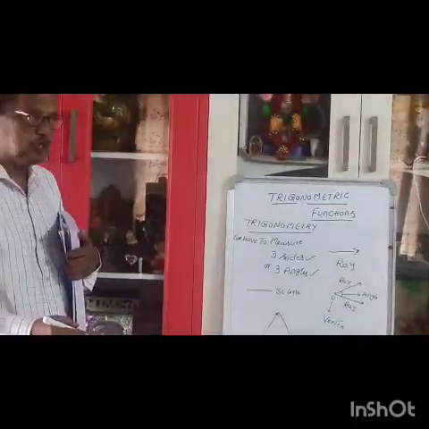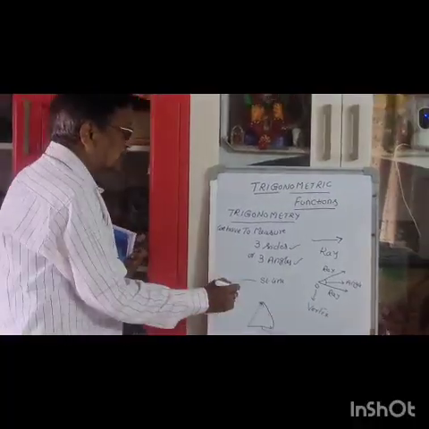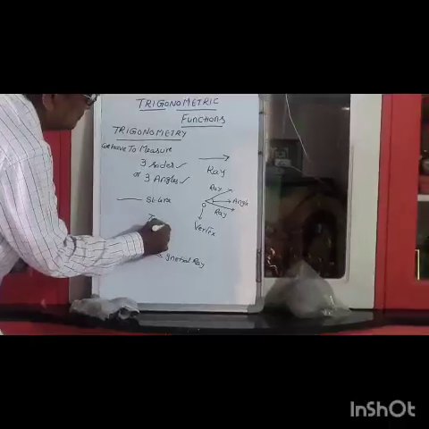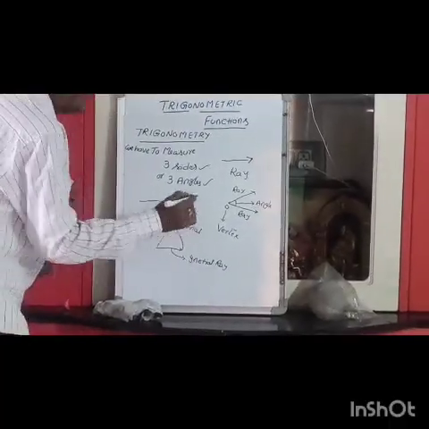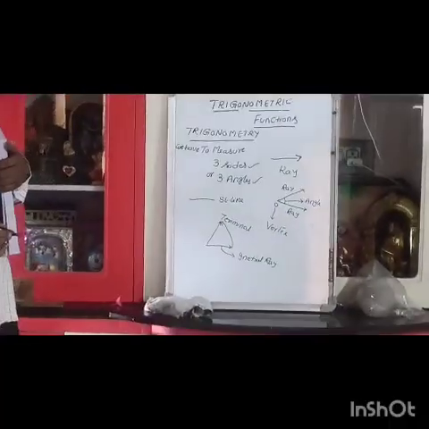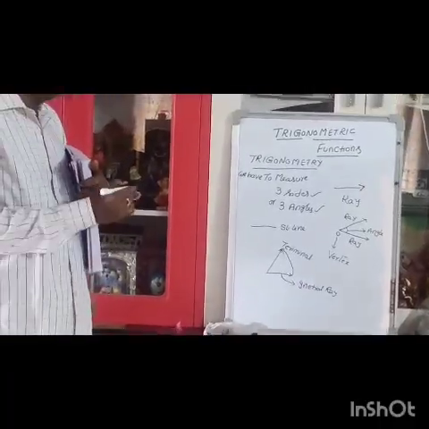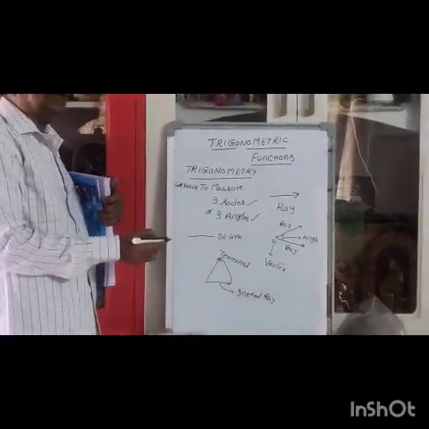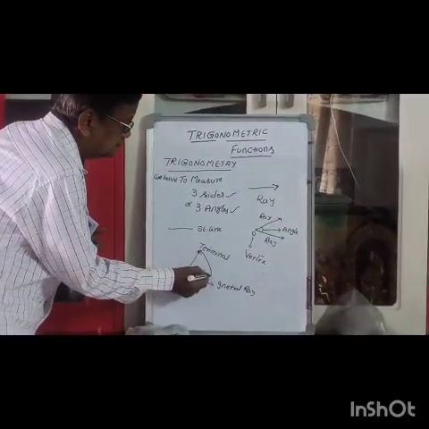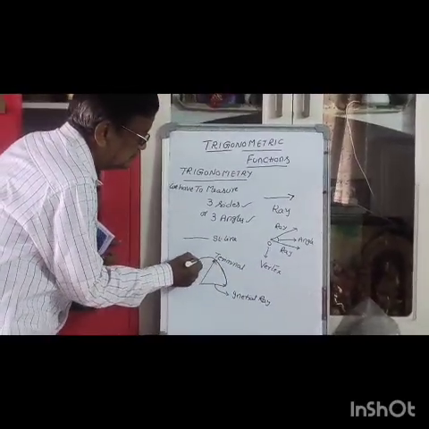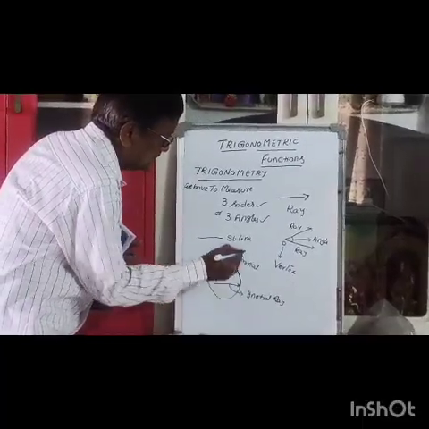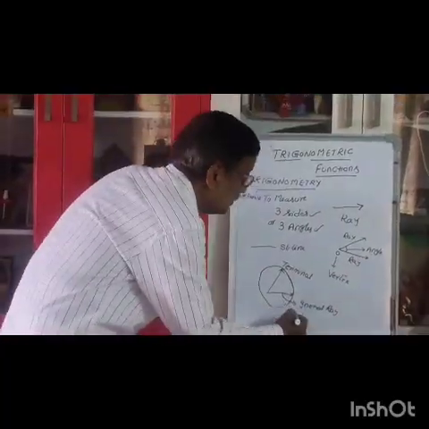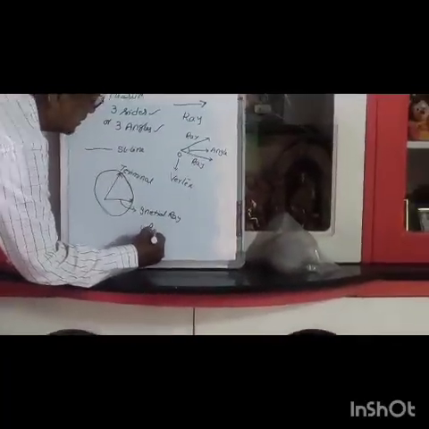Where the rotation stops is called the terminal ray. If a ray completes one full rotation like this, it is called one revolution.